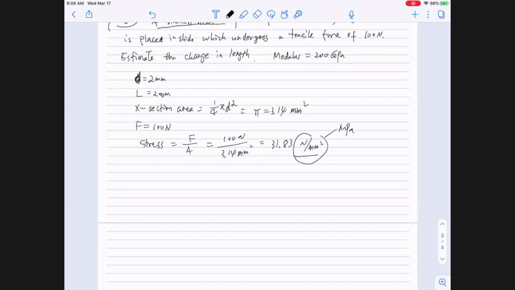Then we go to the next part and calculate the strain as stress sigma divided by elastic modulus. What we get is around 1.591 E minus 4.